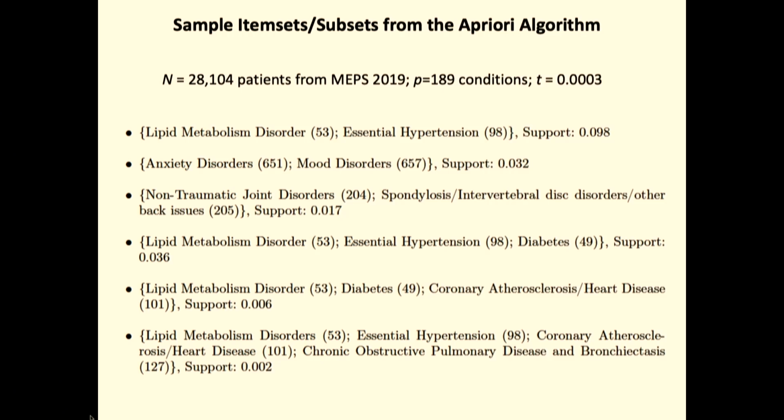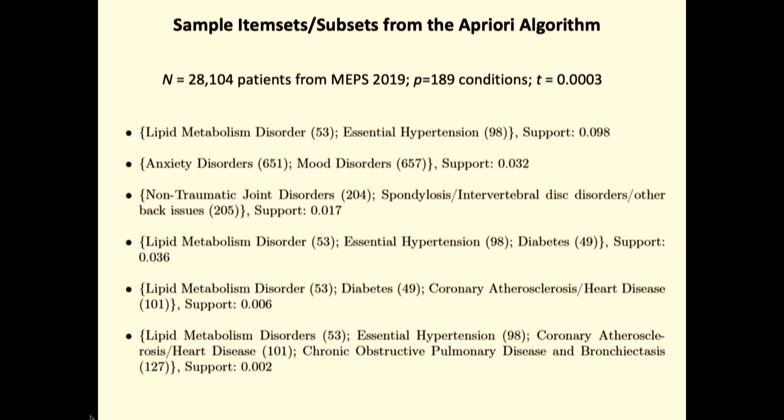The support threshold was 0.0003, and that equates to this: if a subset or item set has 10 patients who have that subset, it gets included. Otherwise, you don't. If you see a combination that 10 people have, that's still rare enough and interesting enough. That's why we include it.